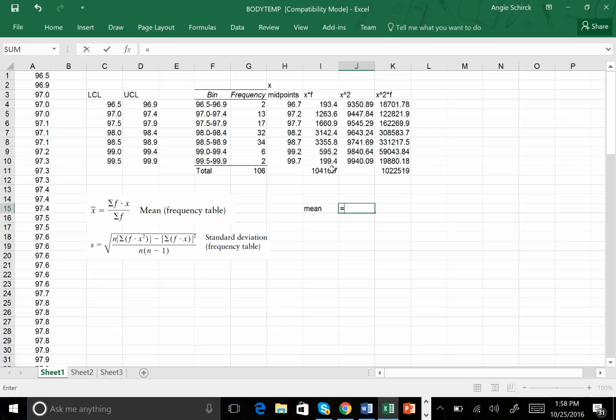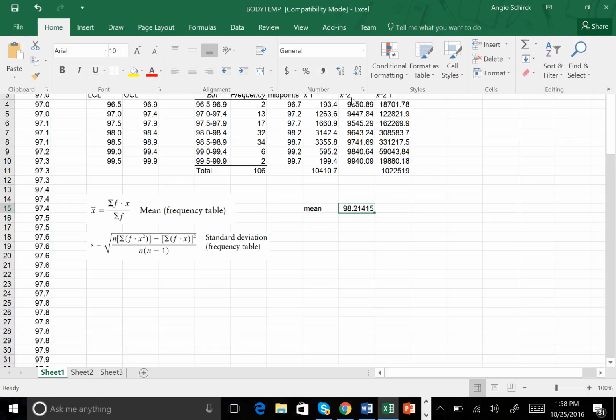So we're going to say equals the sum of that, and then we're going to divide that by the total frequency, which was 106. And then at this point, we simply want to round to the proper number of decimal places, which will be 2 decimal places, since our original data was out to 1 decimal place.